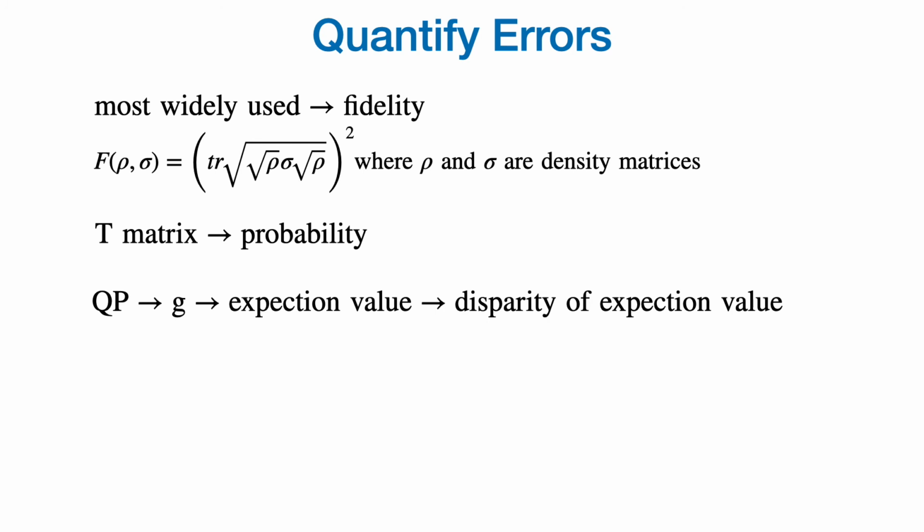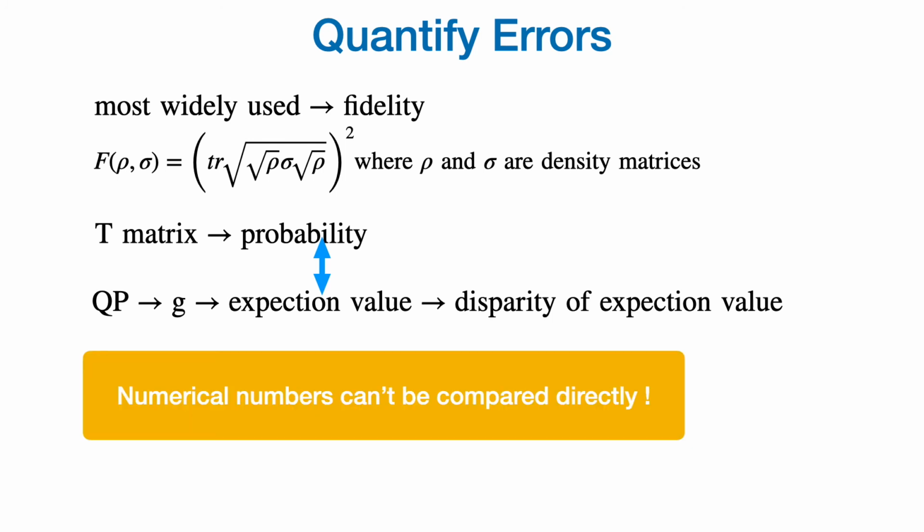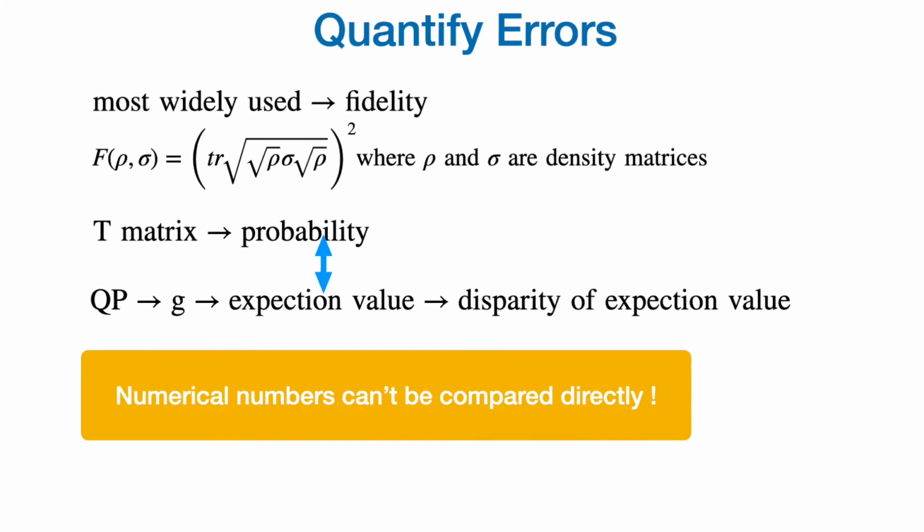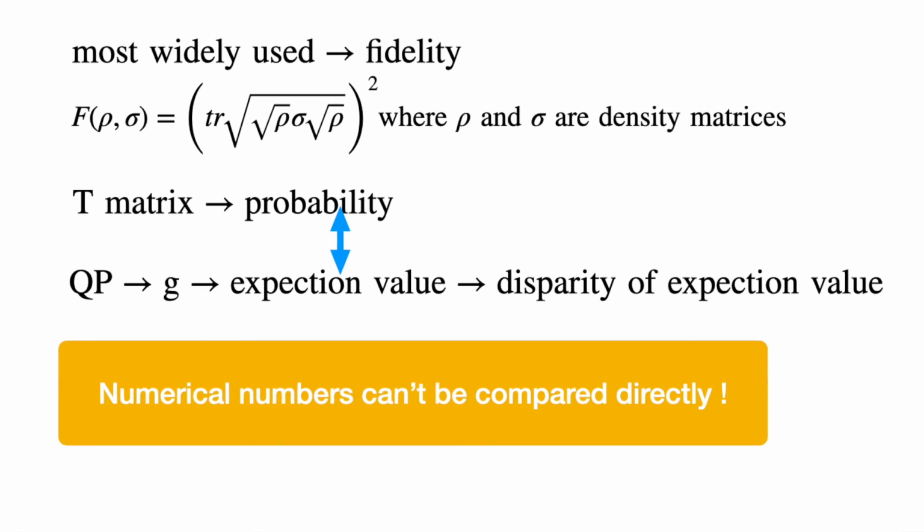That is, we measure the probability or the expectation, and then the disparity from the ideal ones based on the measured quantity. Probability and expectation value can be easily converted into each other.